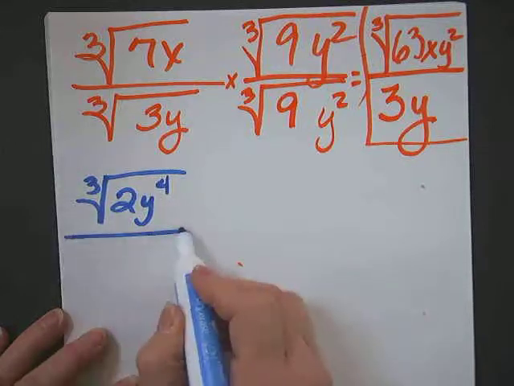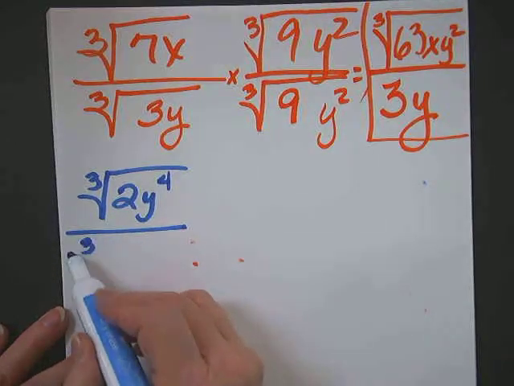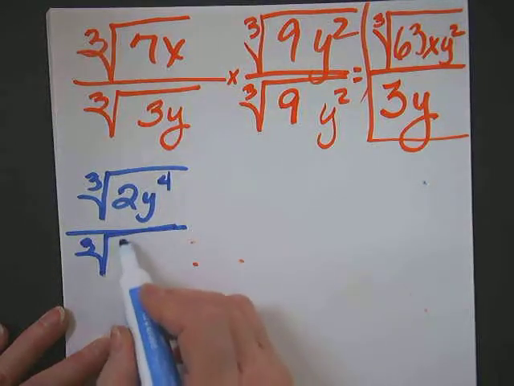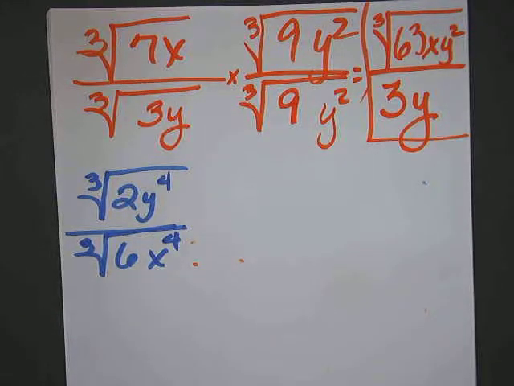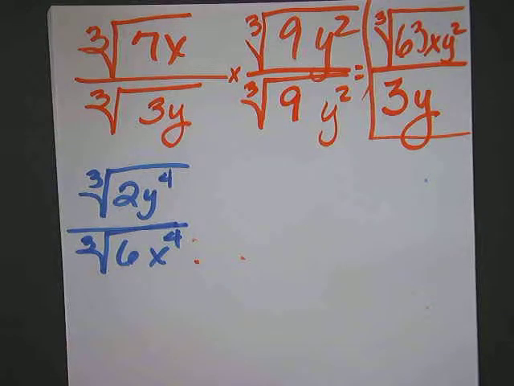Okay, new problem. Let's do another cube root one. Cube root of 2y to the 4th over cube root of 6x to the 4th.